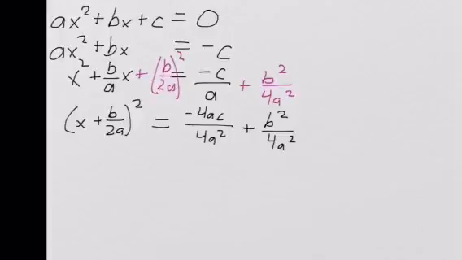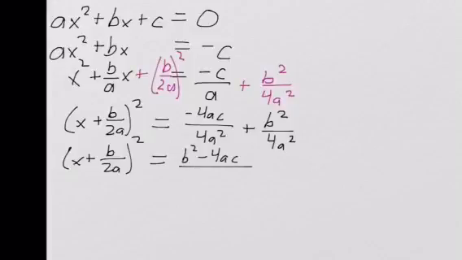And we'll go ahead and put that over a common denominator, and I'm going to write it the other way around. So it's going to be b squared minus 4ac over 4a squared.